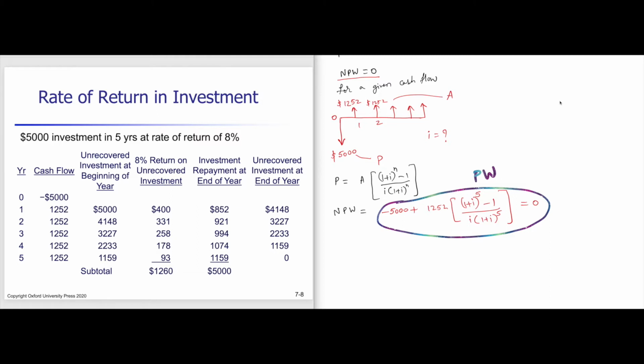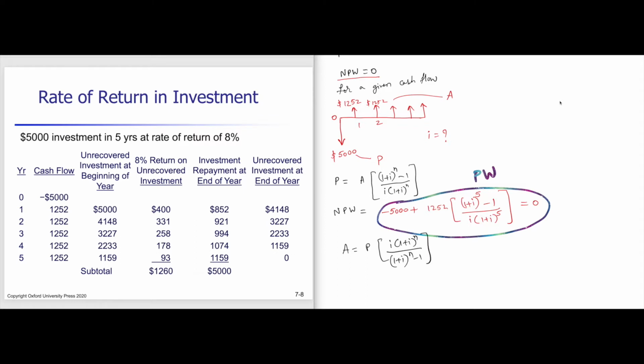So what is A given P? We can also find that. A given P is P times I times 1 plus I to the power of n over 1 plus I to the power of n minus 1.